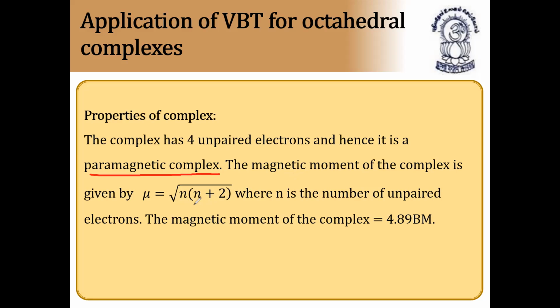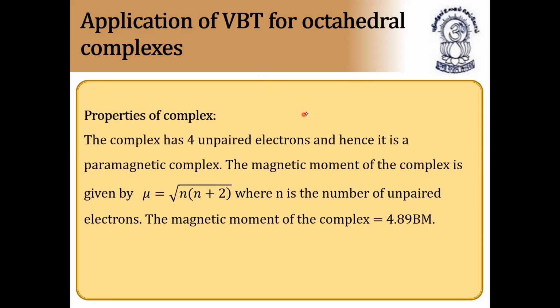The magnetic moment of the complex is given by mu is equal to root of n into n plus 2, where n is the number of unpaired electrons. So the magnetic moment of the complex is 4.89 Bohr magneton, because 4 into 4 plus 2 is root of 24, and root of 24 is 4.89. Bohr magneton is the unit of magnetic moment. I hope it is clear.